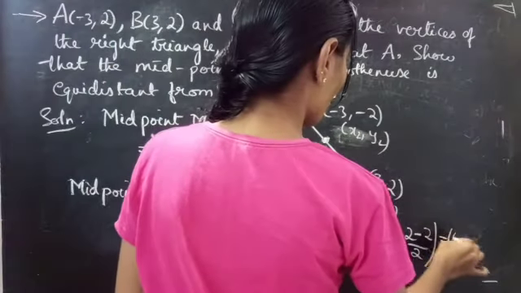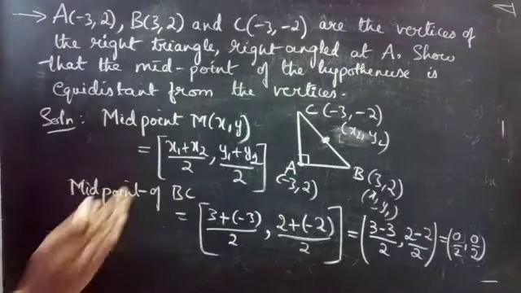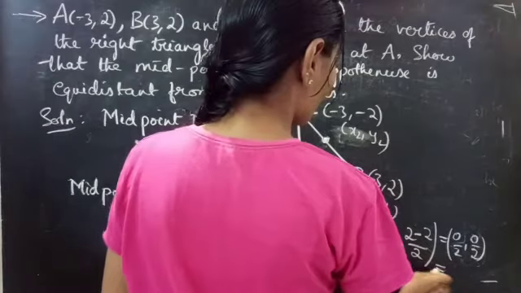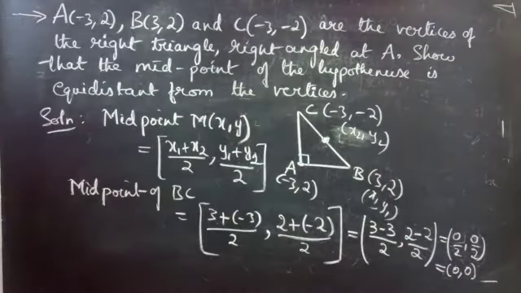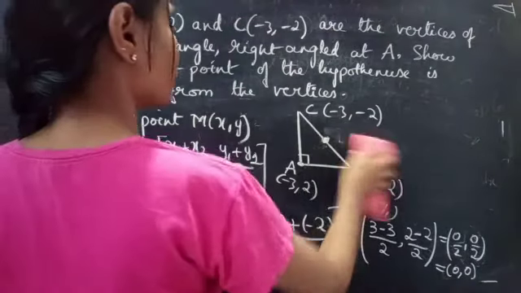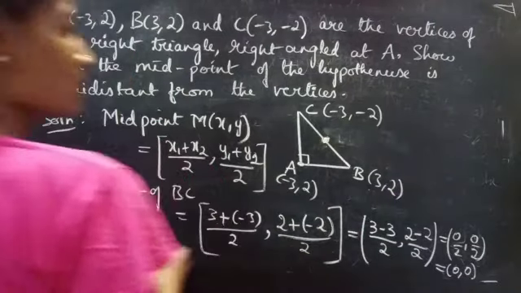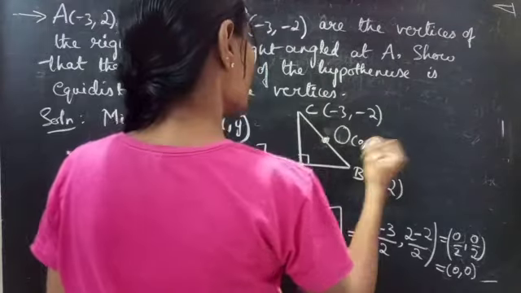So you'll get 0 by 2 comma 0 by 2. 0 by anything is 0 except infinity. So you'll get 0 comma 0. So the midpoint of BC can be considered as O(0, 0).